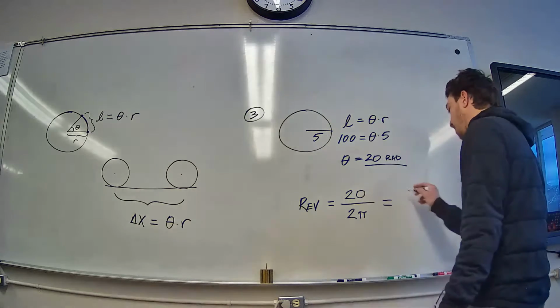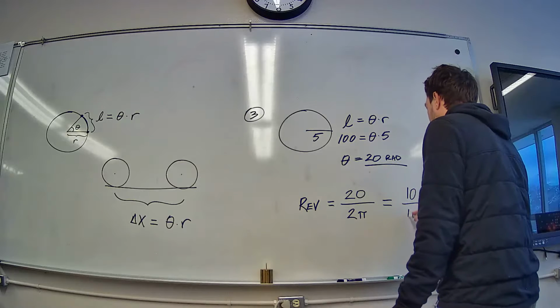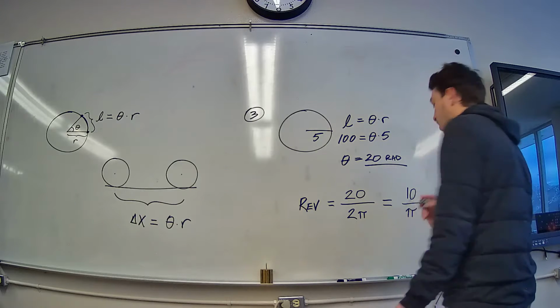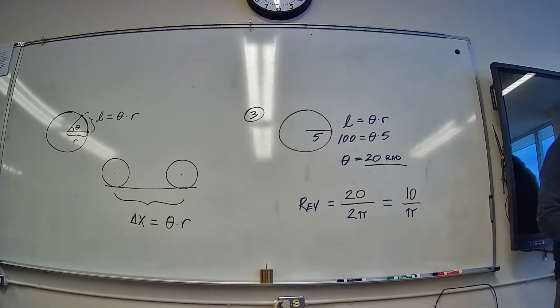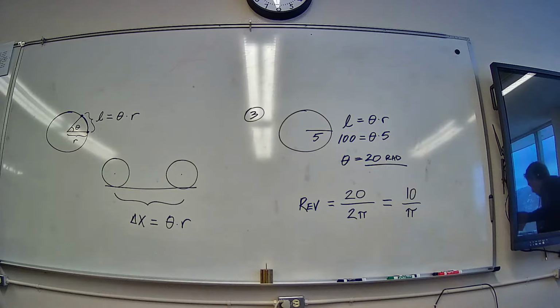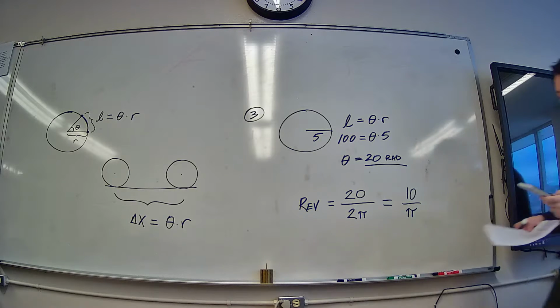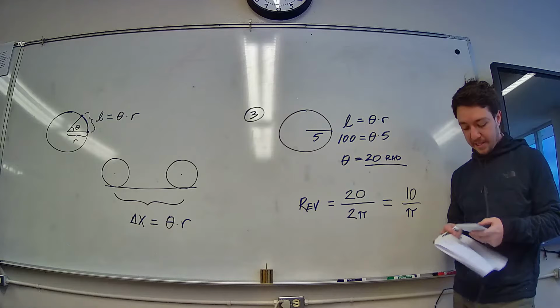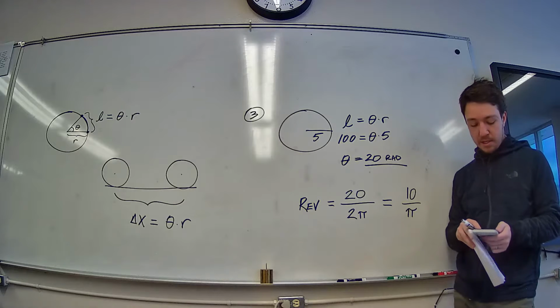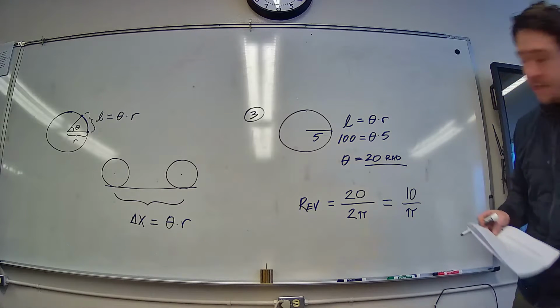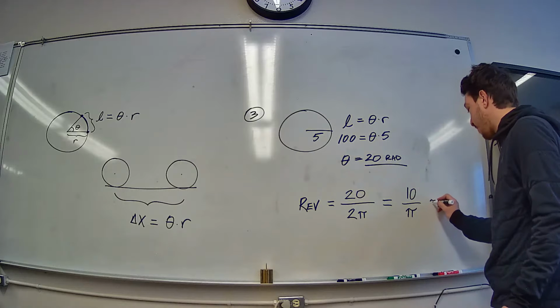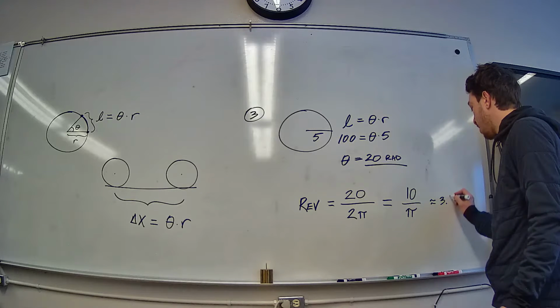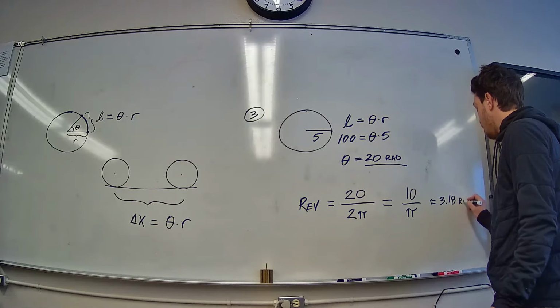So one way to write the answer would be 10 over pi, right? It's a fine answer, but in most cases, it makes more sense to say that's roughly 3.18 revolutions.